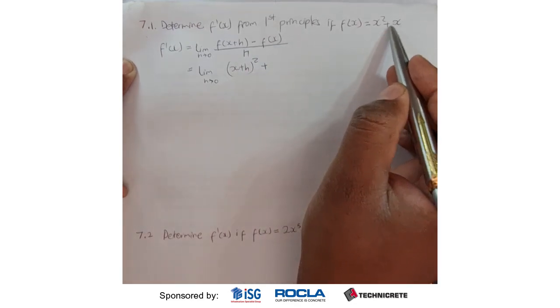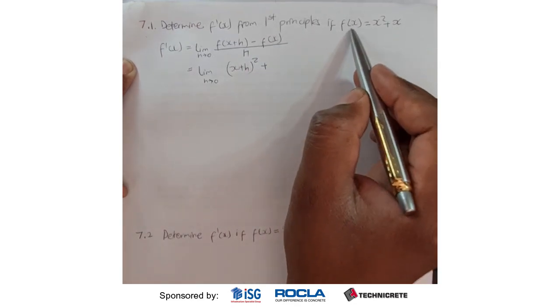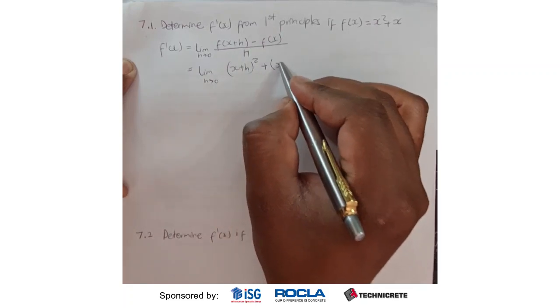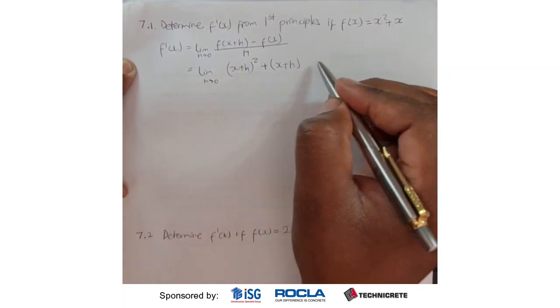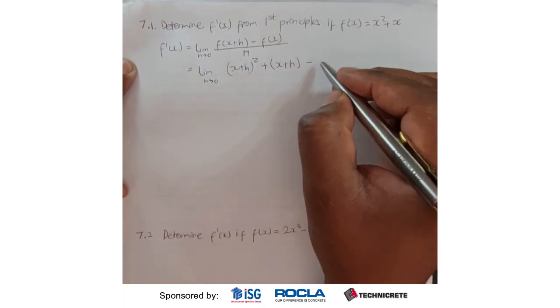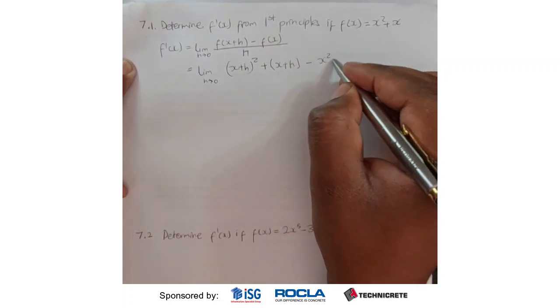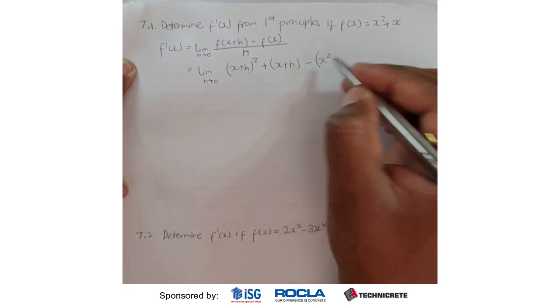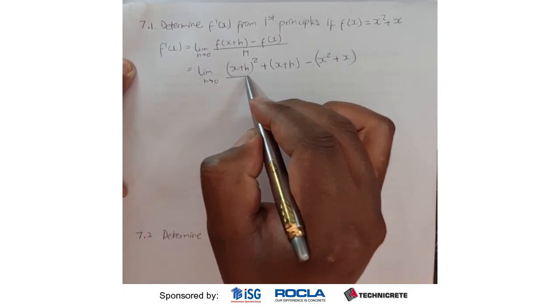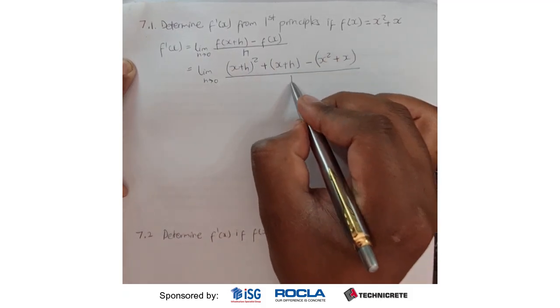Plus, we have an x here, but we're not looking for f of x. We're looking for f of x plus h. Therefore, it becomes x plus h. And then we minus the normal f of x, the original f of x that we were given. It's x squared, it has to be in brackets, plus x, all over h.